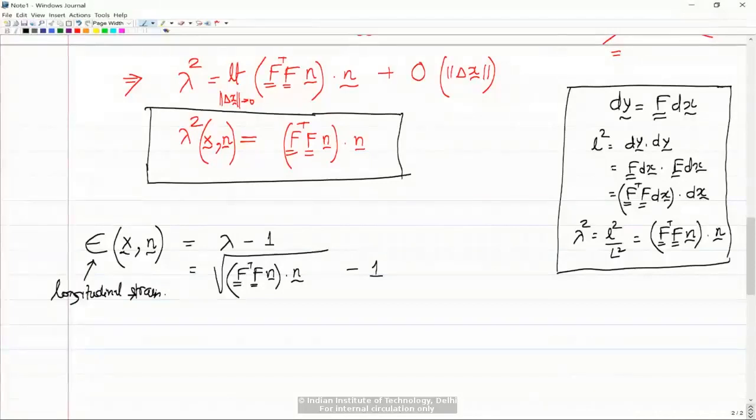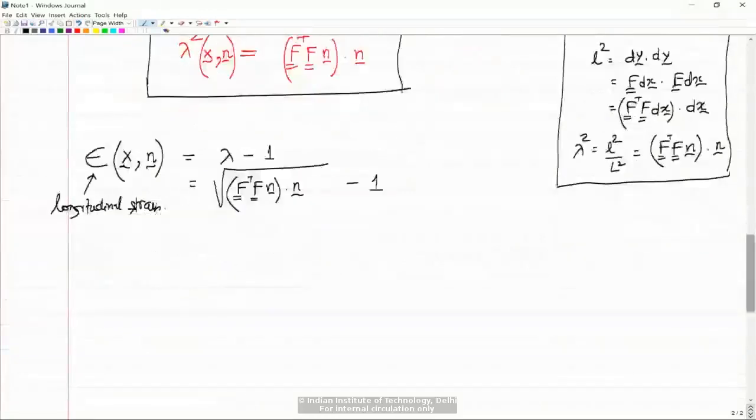Do you remember what was the formula of longitudinal strain in undergraduate class? Anybody? Del U del X, right? Of course, change in length by original length is the basic definition of longitudinal strain. But then the formula in terms of displacement was del U del X, or del V del Y, or del W del Z. Remember?